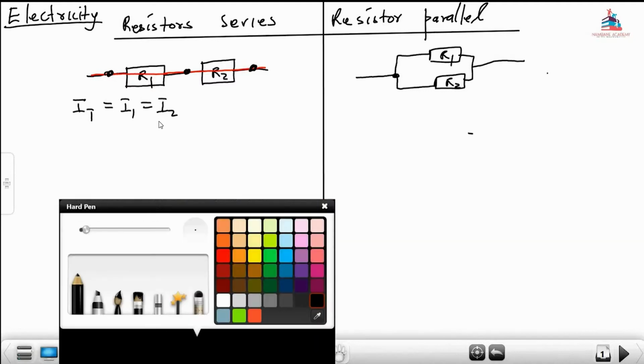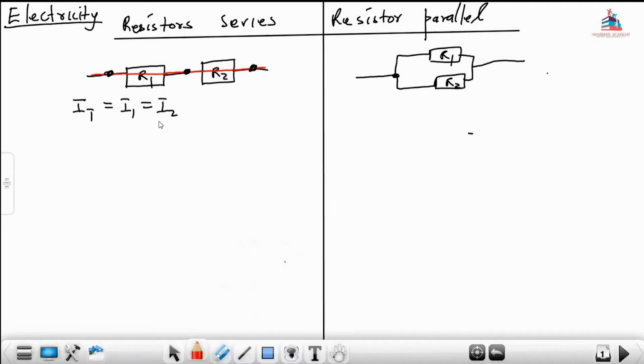But what about resistors in parallel? If my current is coming here, which is the red line, it is going to split into two, such that we can have current passing in R2 and current passing in R1.